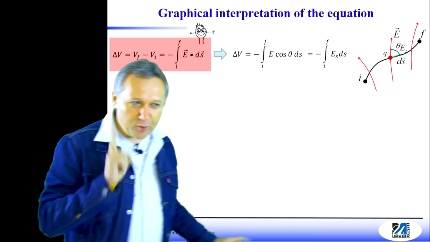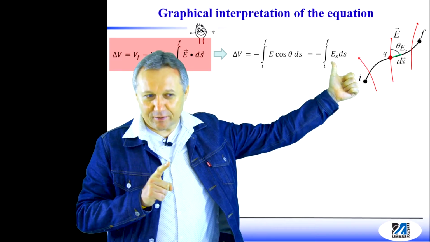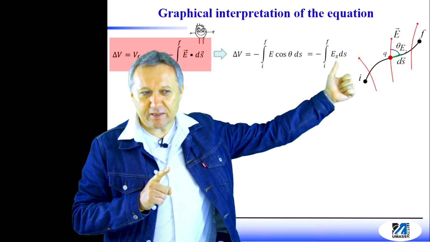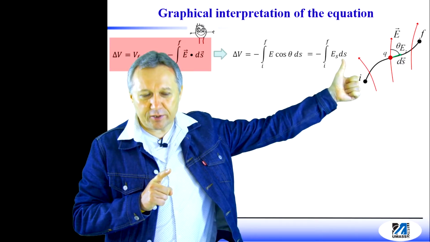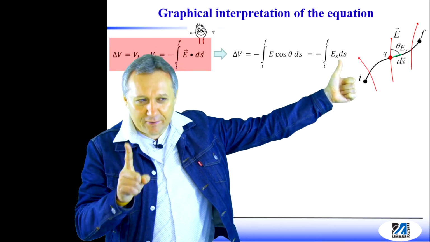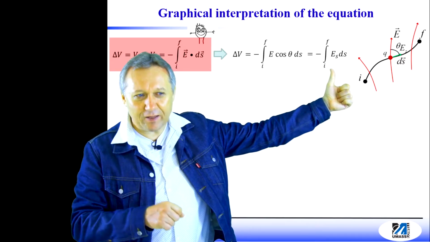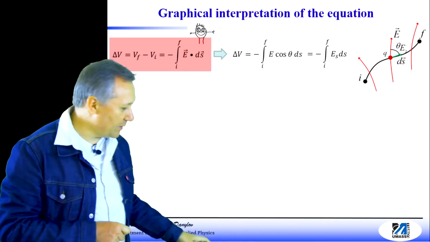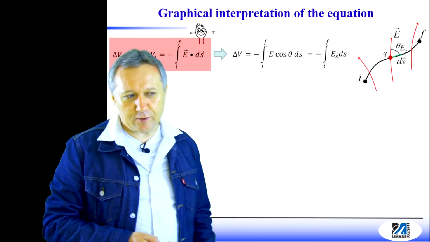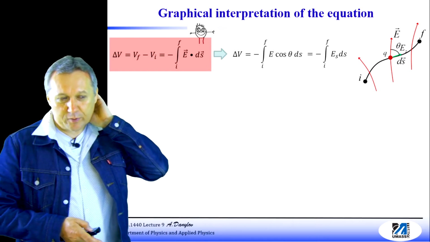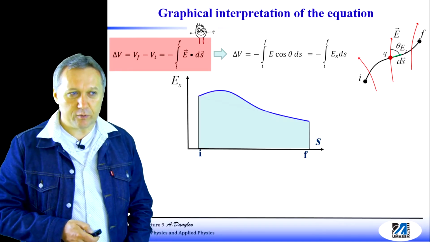If you plot the integrand, let me show it. The integrand is just a function, in this case E sub s. If you plot E sub s versus the variable of integration s, the area under that plot is the value of the integral. In my case, we learned that in high school. In your case, I don't know. Probably some of you learned that in high school, some of you learned it in calculus, maybe at the university, right?